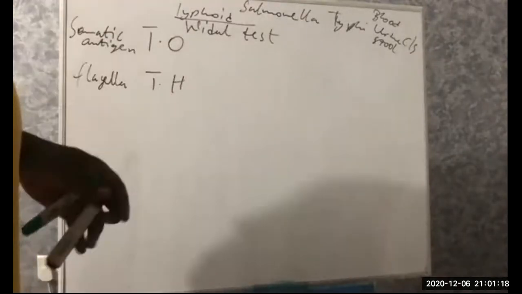But in the developed world, where this condition is very rare, or even if you come to Africa and you are not having access to this kind of laboratory testing, when someone has typhoid, or someone has had it before, this TO usually is expressed as 1 over some figure.